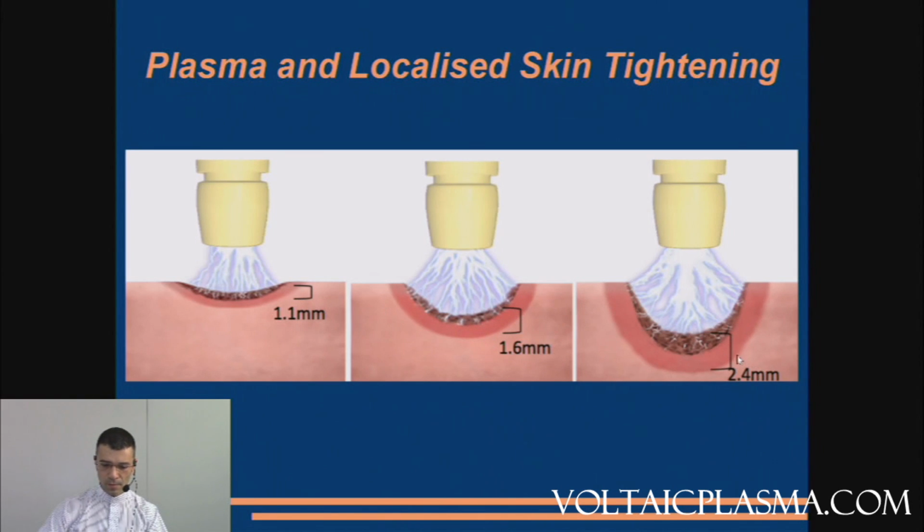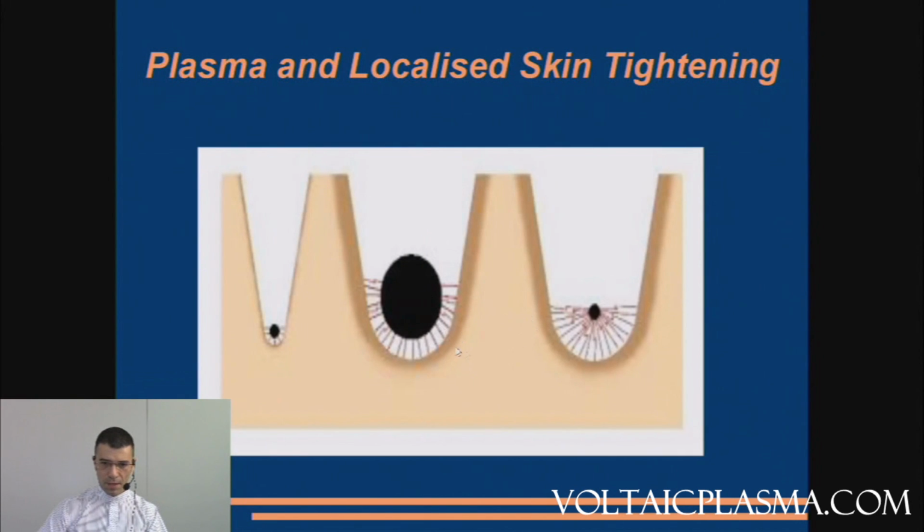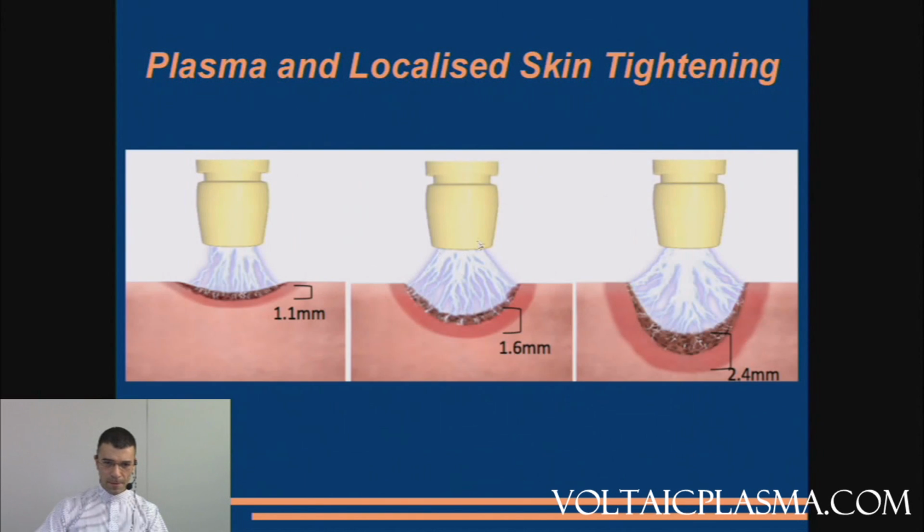So this is just to make that point, and this is another picture that illustrates the same point: the amount of tissue that is ablated is not only due to the power level and frequency of that particular system, it is mainly due as well to the duration of the arc, how long you're keeping the arc for.